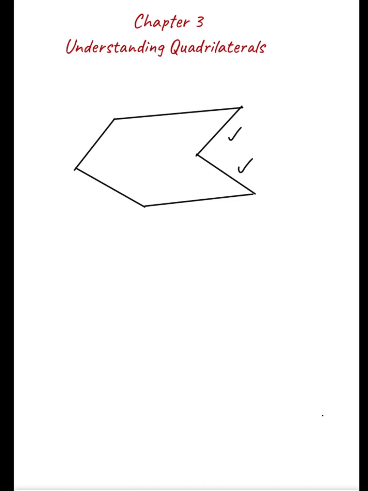And what was the second condition? Diagonals lie interior of it. All the diagonals will lie interior, but here you can see that this diagonal is lying exterior. That means what? This is a concave polygon.